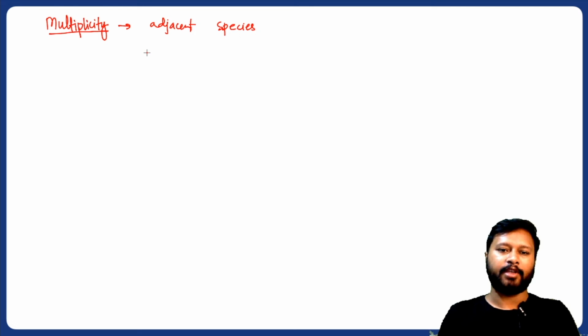So basically it all depends upon the I value. The I value of the adjacent species is going to decide in how many lines it is going to split. Basically the formula which is going to be followed for multiplicity is 2nI plus 1.